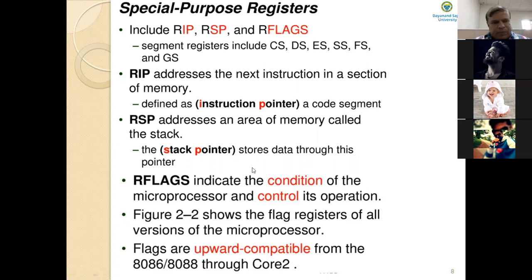Then how do you point to this stack memory? We need to use this special purpose register RSP. RSP is referenced as the 64-bit register RSP, 32-bit register ESP, or 16-bit register SP. So the stack memory stores data through this pointer.